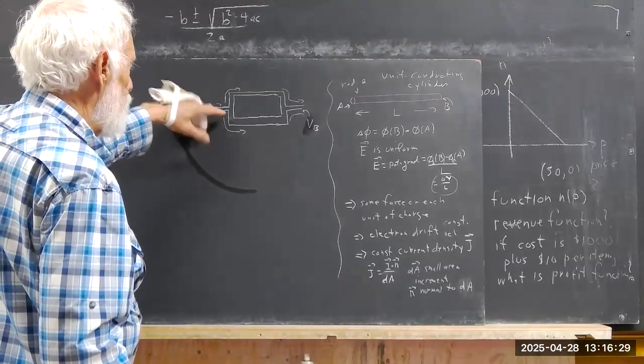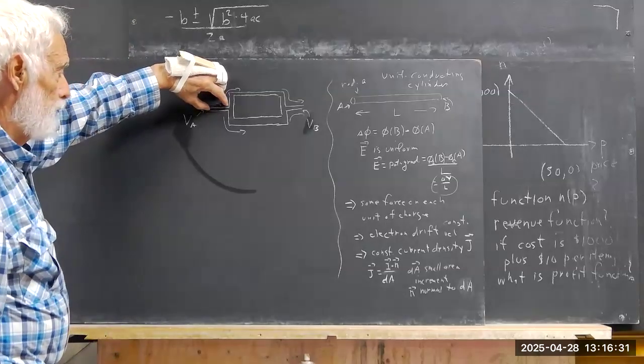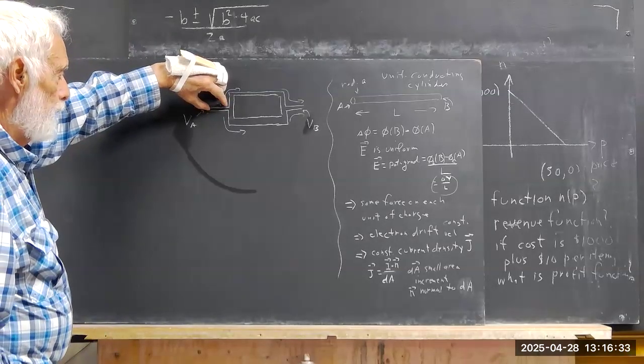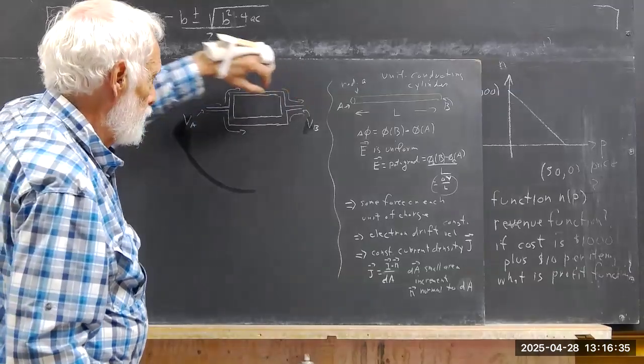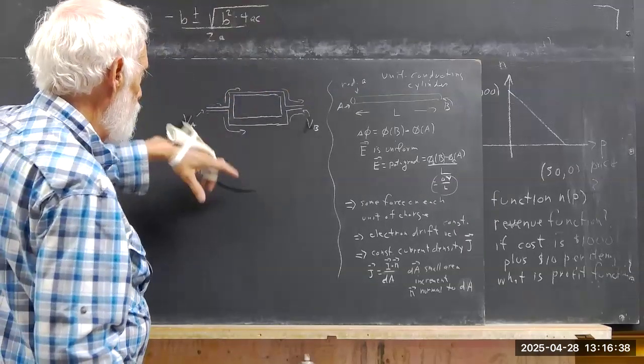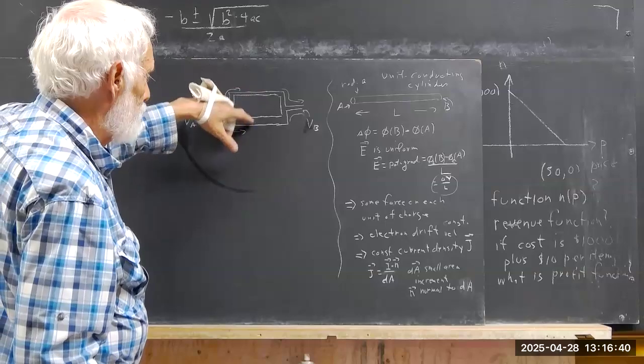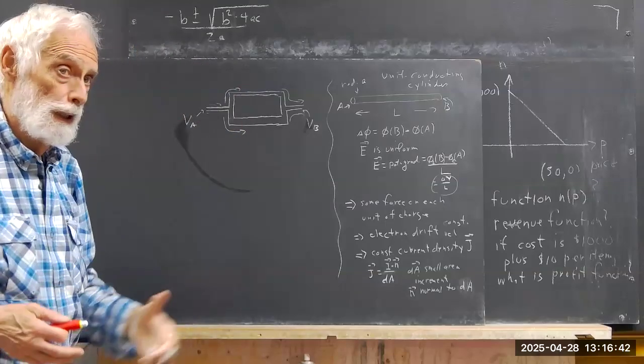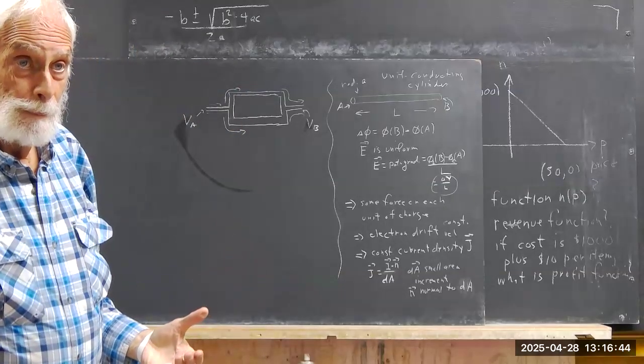Let's assume that this segment of wire is short and this one is short, and they're good conductors and so forth. But these maybe are a couple pieces of nichrome with different diameters and whatever. Okay.